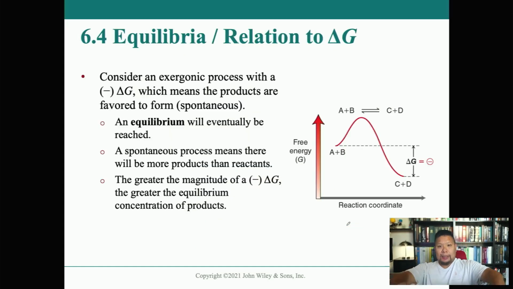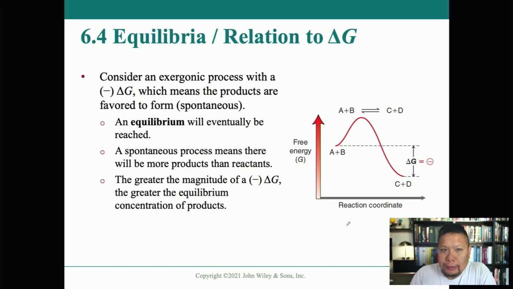So, back to equilibrium then. Consider an exergonic process with a negative delta G. If it's a spontaneous reaction, why is it that it never goes to completion, like 100% products?